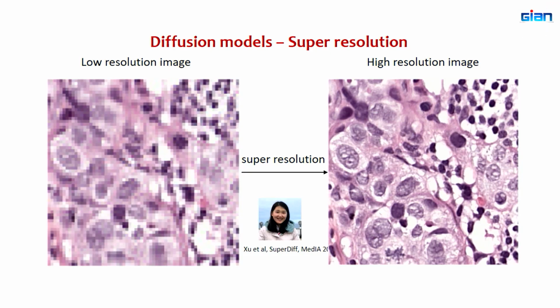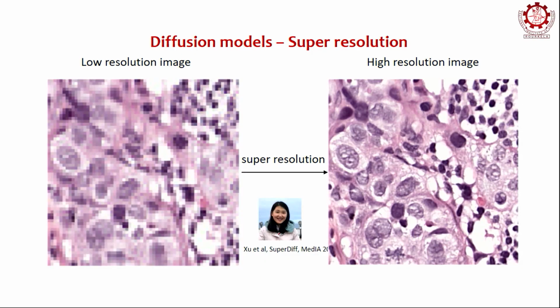This was published last year in Medical Image Analysis. Before this, there were multiple works on generative adversarial networks, or GANs, that had done that. But if you want to get into GANs and generative AI, you'll see that GAN methods have their own issues, such as mode collapse, and a lot of times you cannot really work with high dimensional data and so forth.